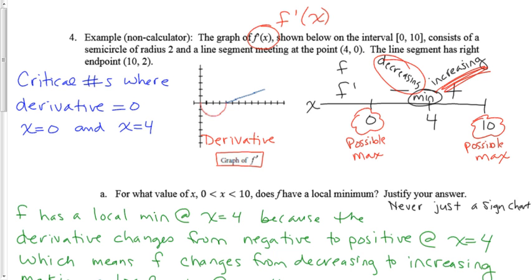So let's look at our graph. If I wanted to know how much the function decreases from 0 to 4, I would need to calculate the area that is below the x-axis. So let's go ahead and calculate that area.